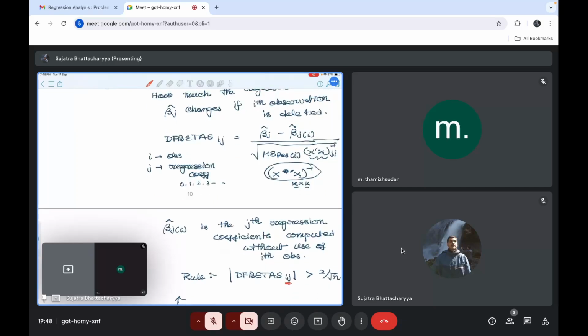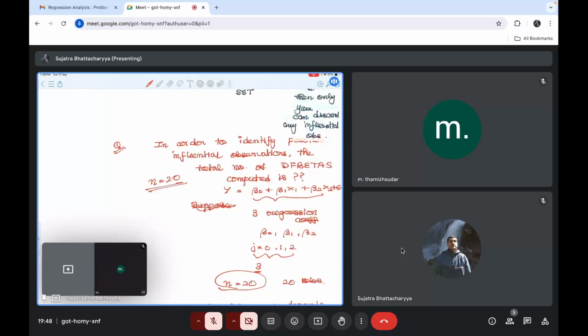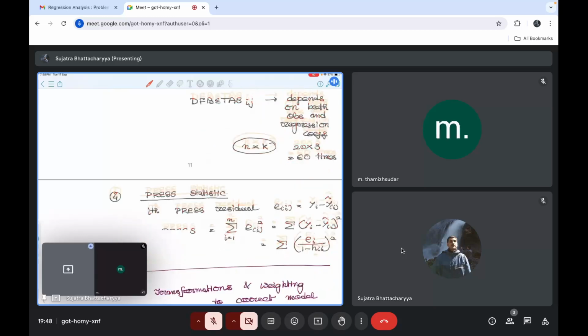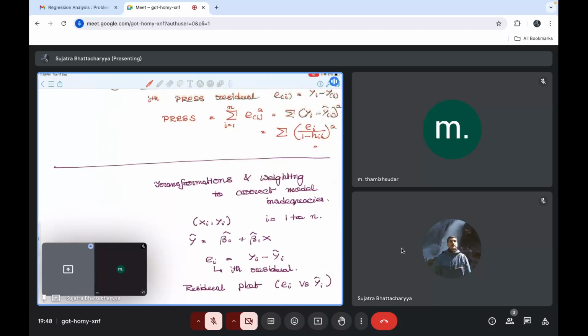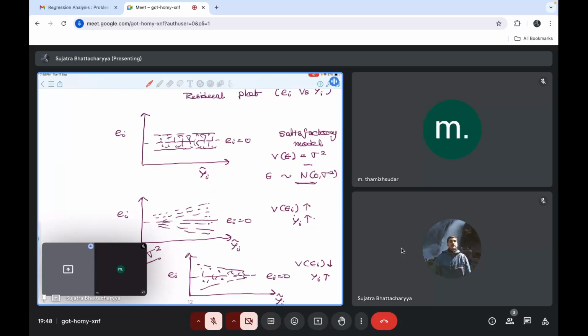So both observations and regression coefficients together are multiplied. That many DF betas will be generated for computation, and then we have done a question corresponding to that. This is the press statistic, and then some transformations related thing, which will be continuing in week 9 for sure.